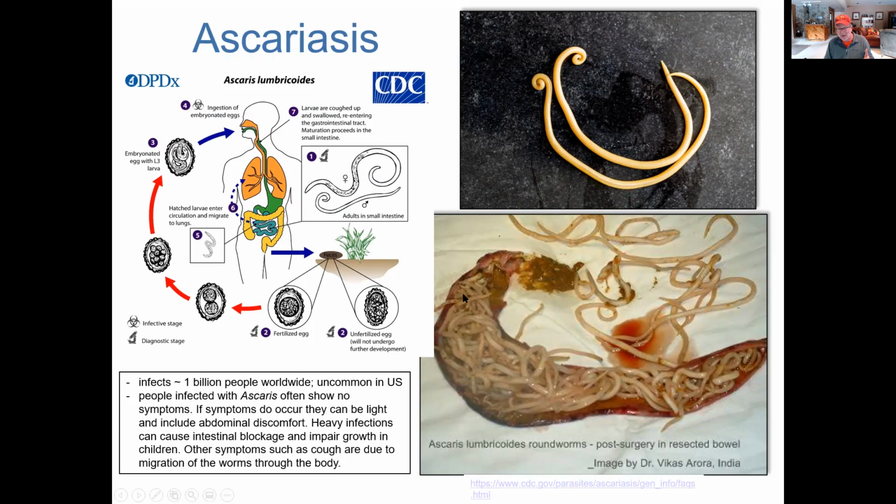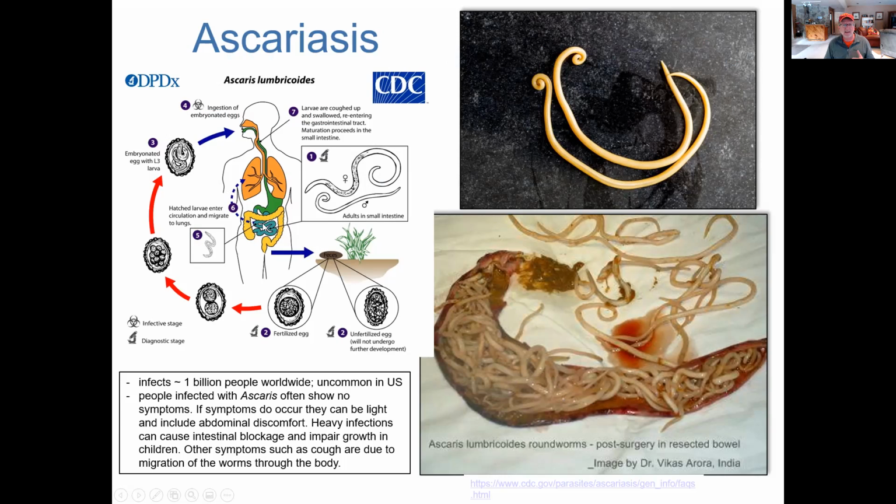In fact, here is an actual resected bowel of a human. And look at all the roundworms inside. This is the large intestine, probably. So they can extend down into the large intestine, but I know they form in the small intestine. But yeah, it's hard to believe, but it can really ravage the digestive tract.